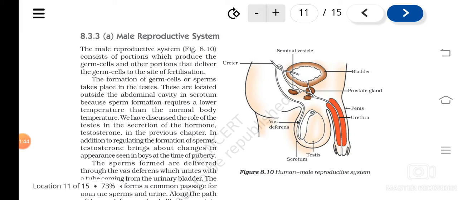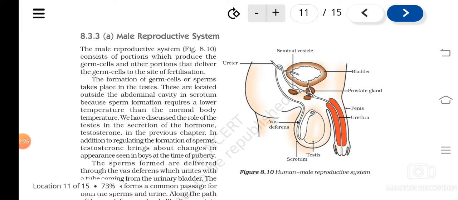At the same time, you are also supposed to write the practical lab manual, and in that 2 experiments you have to write. One is to make a temporary slide of leaf peel to show stomata, and one more is to prove that carbon dioxide is released during respiration. So these 2 experiments are there in your lab manual, and you have to complete them.